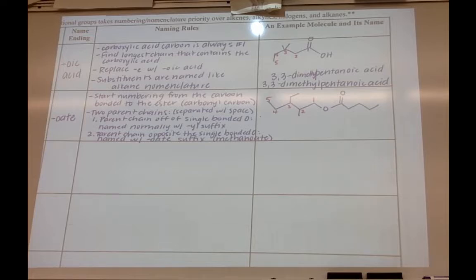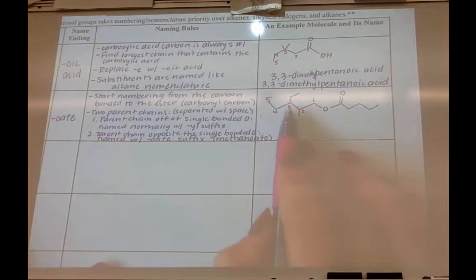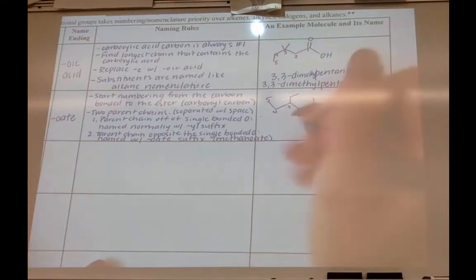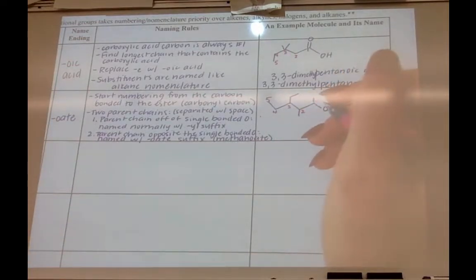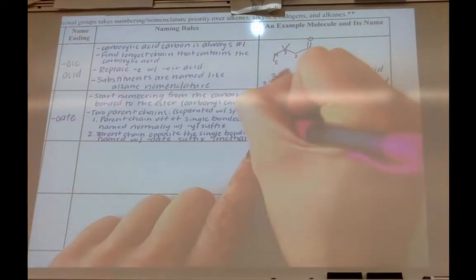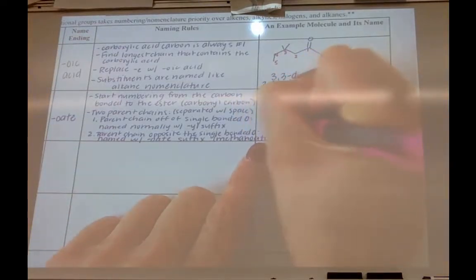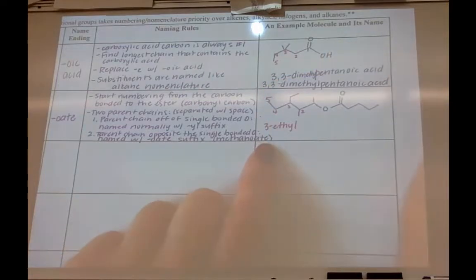Let's think about the substituents right before I write anything down. What substituents do we have off of this? Okay, ethyl and methyl. Which one's going to come first when naming? Ethyl. So I'm going to start with that. Off of carbon 3 is an ethyl group. So I'm going to have 3-ethyl.